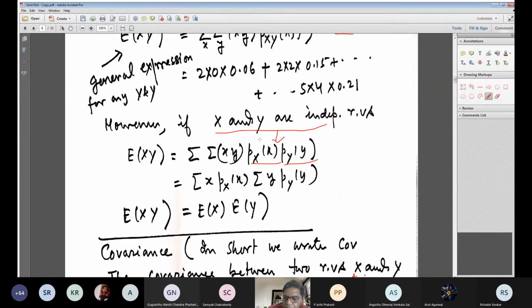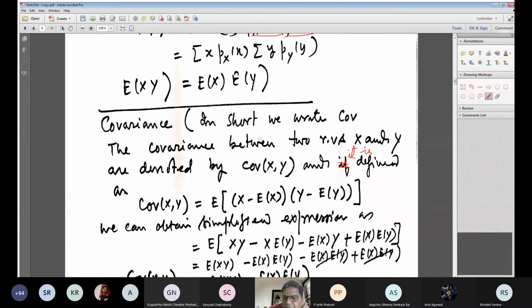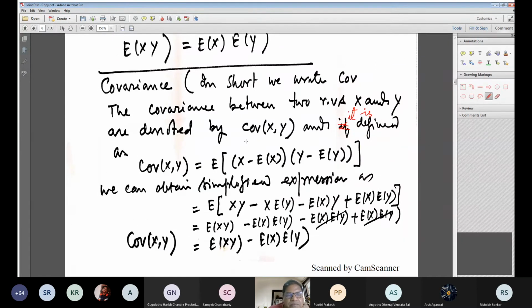Now, there is a concept to measure the dependency, meaning if x and y are not independent, there must be some relation between x and y. In that case, we will ultimately define correlation, but before that we have another measure, which is known as the covariance.